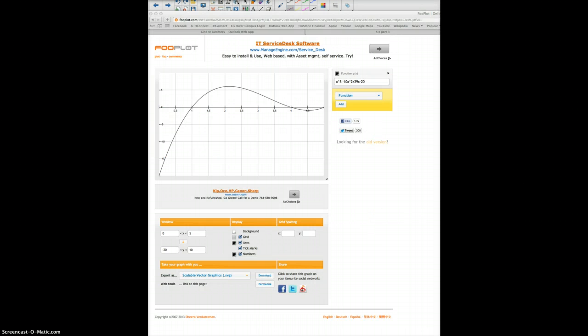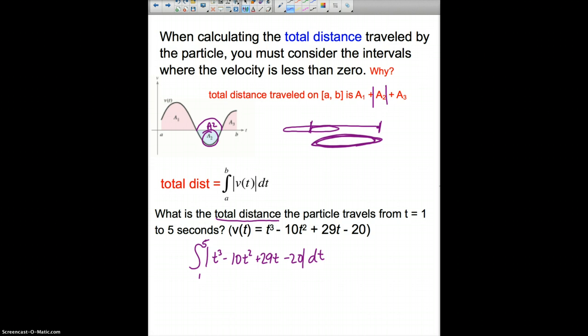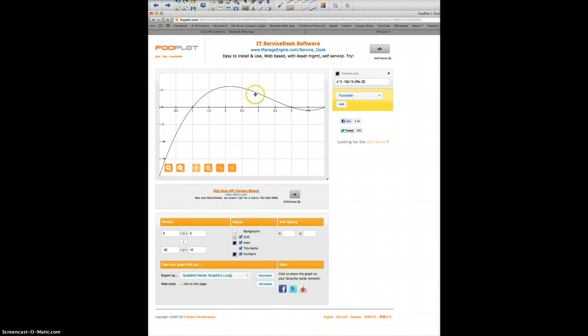All right, so here's the graph of t cubed minus 10t squared plus 29t minus 20. From 1 to 5, this is the region we care about here. Notice from 1 to 4, the velocity is positive. So this total distance in here will be positive. But from 4 to 5, the velocity is negative, so the particle is moving backwards.